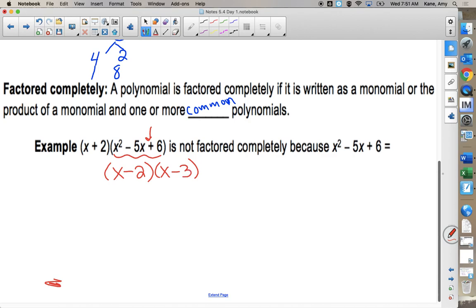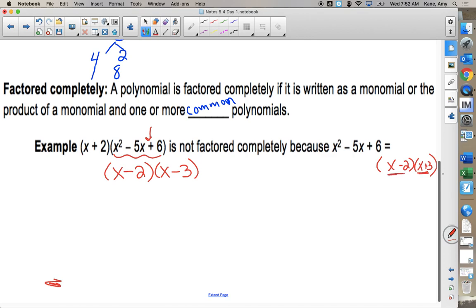So the original problem, x squared minus 5x plus 6, that second part is not factored completely, so it's not prime. If it can be broken down further, then we can still factor it further. So it's not factored completely because it can be broken down. And once we can break it down, then it's factored completely.